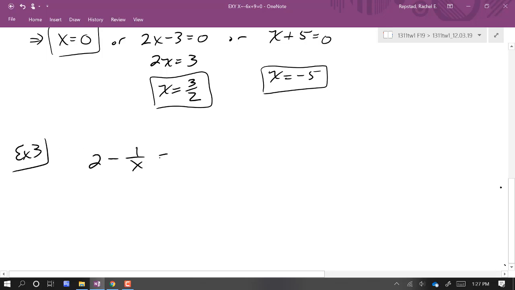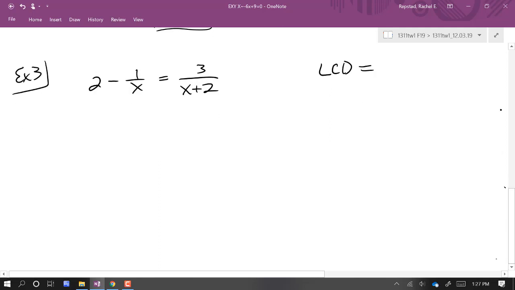This is definitely not quadratic. I got x's in the denominator. It certainly doesn't look like one of those forms. But we do know, we just spent a bunch of time working with how do we solve equations like this. Lowest common denominator. Okay, so what is the LCD?